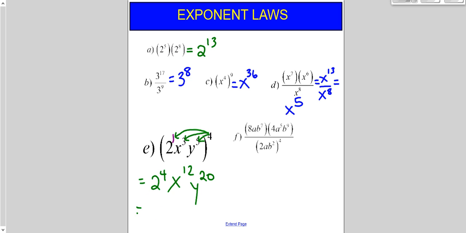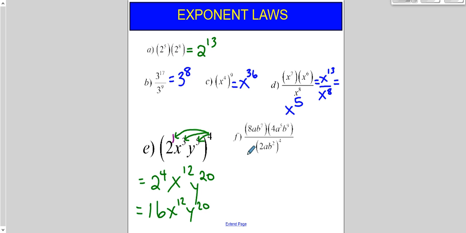There we go. And I can simplify this up a little bit. I could figure out what 2 to the power 4 is. 2 to the power 4 is 2 times 2 times 2 times 2, which is 16, x to the 12, y to the 20.